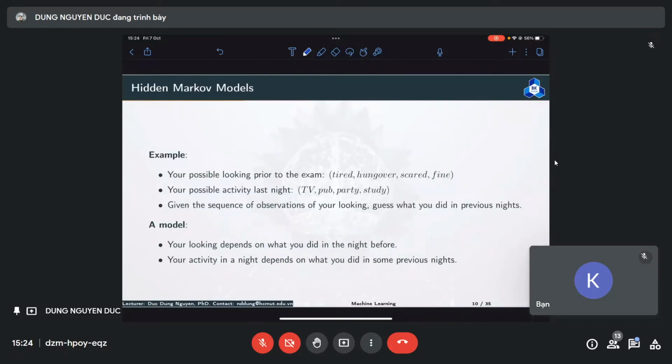And second, you have another assumption. That assumption says your activity in a night depends and only depends on the activity that you did last night. In other words, we have a state yt. This depends only and only on what you did earlier.